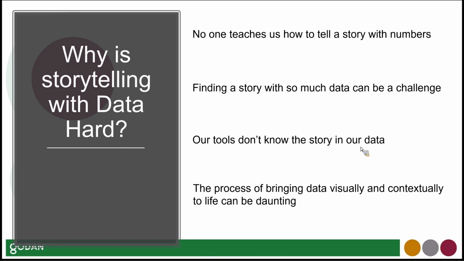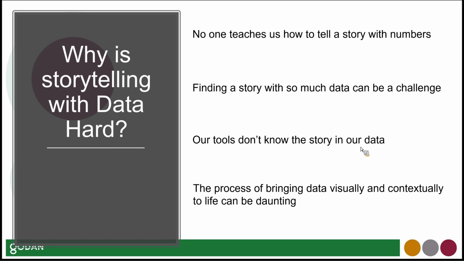And also the process of bringing data visually and adding context, so that data becomes some sort of part of the life we live, is somehow scary. So people are like, okay, how can I do this?